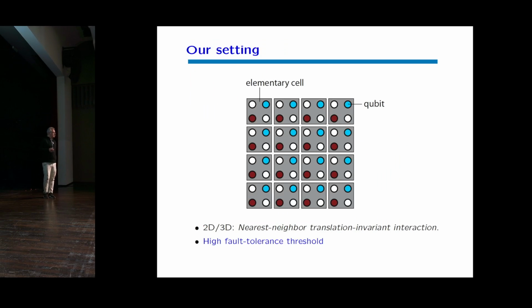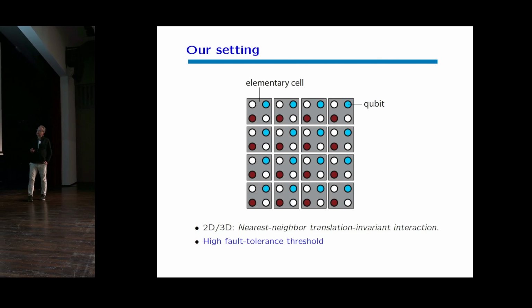So here's our setting. We have lattices in 2 dimensions or 3 dimensions, and we only have nearest neighbor interaction. Yeah, so that's all there is. And now the question is, is this a huge penalty? If you cannot have qubits interact across long ranges, does it penalize you a lot, or is it maybe not so bad?